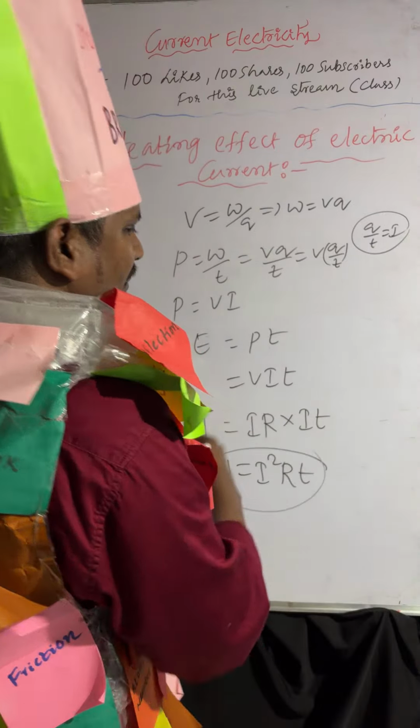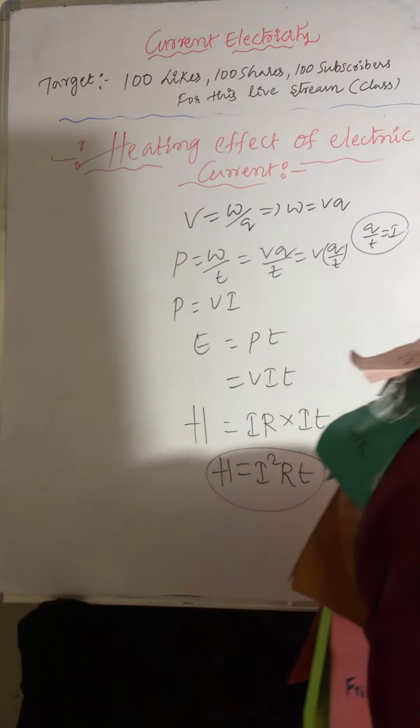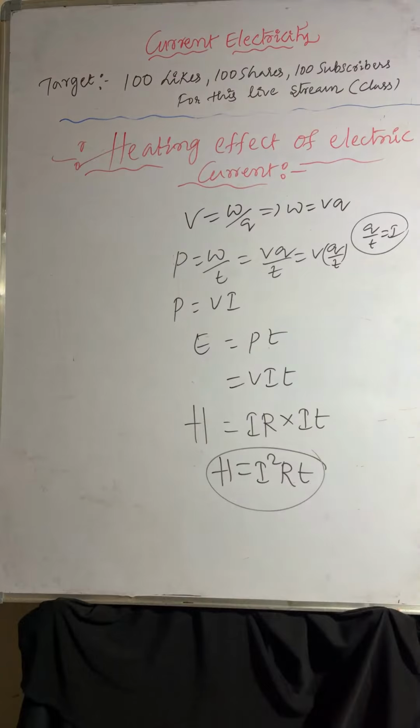Is it clear? Heat produced in the conductor is directly proportional to time, directly proportional to resistance, and directly proportional to square of current. Okay, so this is about heating effect of electric current. Understood or not? So next one, grouping of cells.